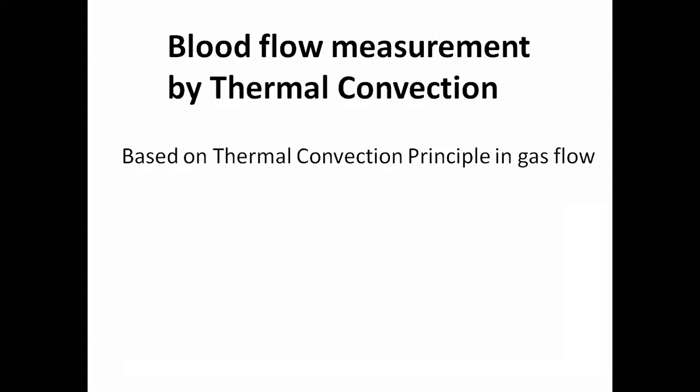If the blood flow rate is increased, the temperature at that particular point will change. That change in temperature is recorded by the thermistor. The amount of variation in the thermistor value indicates the blood flow in the blood vessels.